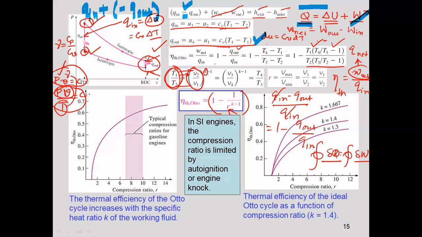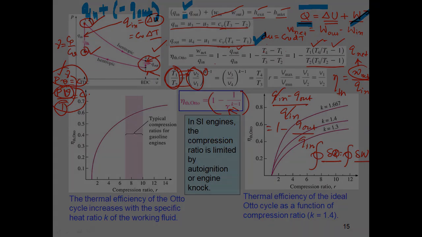Okay. So I'm concluding it here. In the next class, I will discuss the derivation a little in detail, and we will show how the efficiency is dependent on some parameters like the volumetric compression ratio, the specific heat ratio, etc.